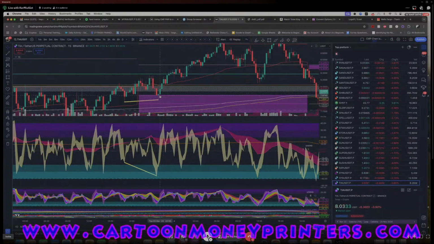This gives you an opportunity to climb on board, and you get in right here at this candle and you put a stop just under this wick and you are good to go. And I just want to see what that gave you, even from the top of this candle.